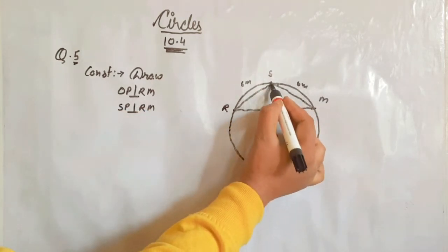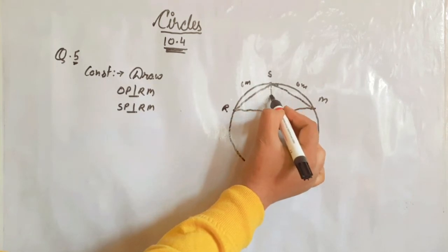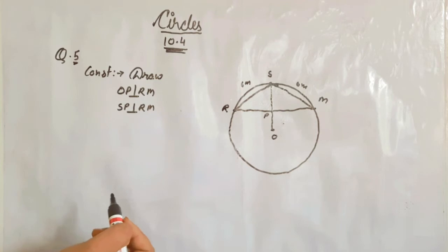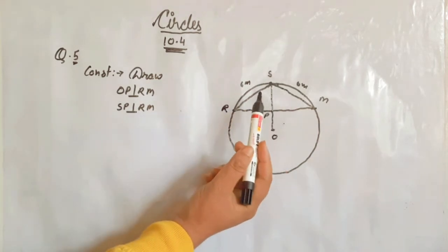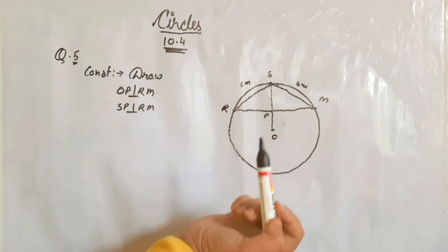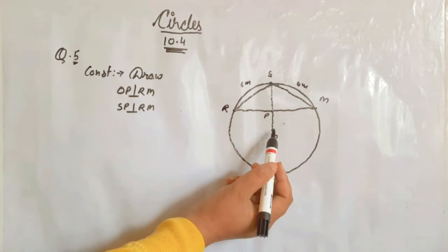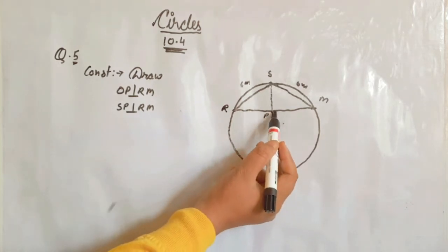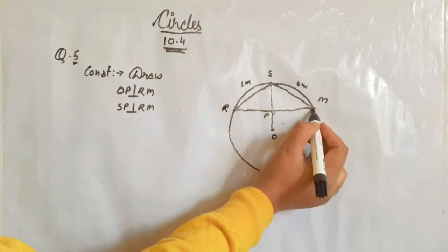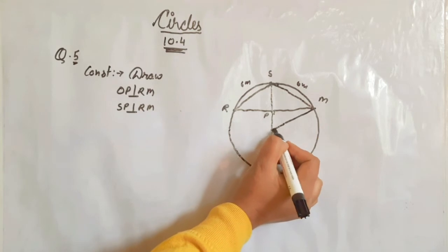The perpendiculars will be on the same point because it is an isosceles triangle, and in an isosceles triangle the perpendicular from the vertex bisects the opposite side, and the perpendicular from the center also bisects the chord. So now let us join OM also.